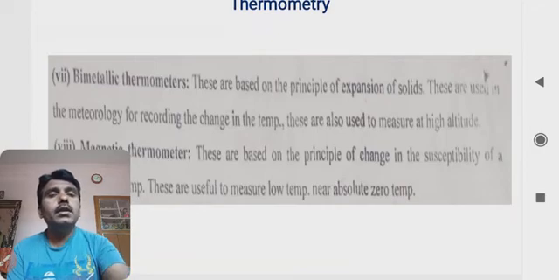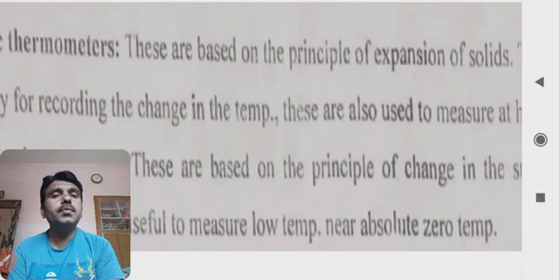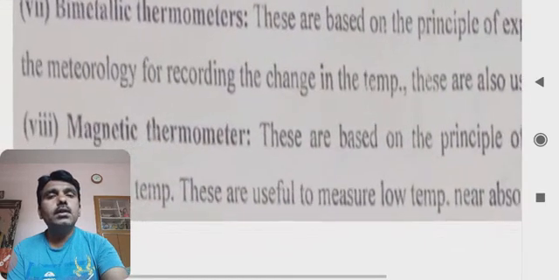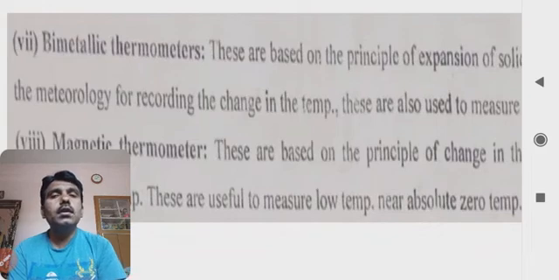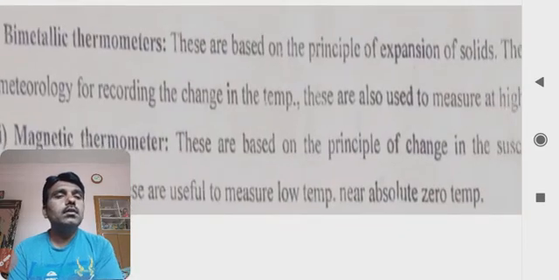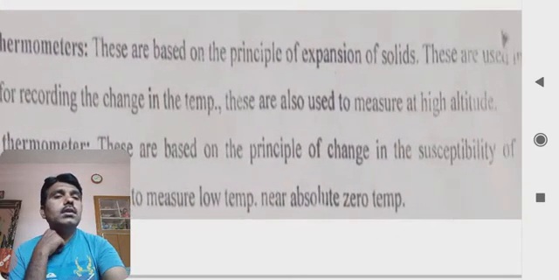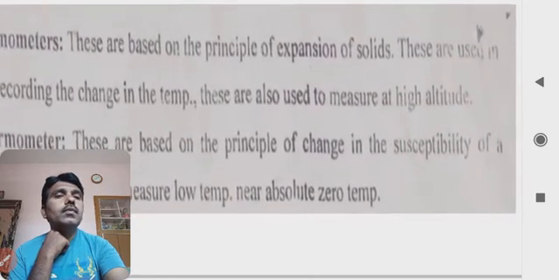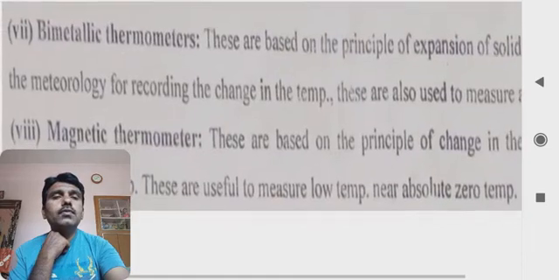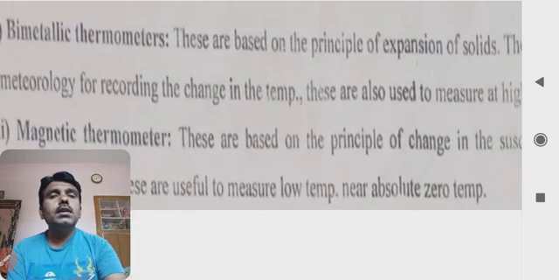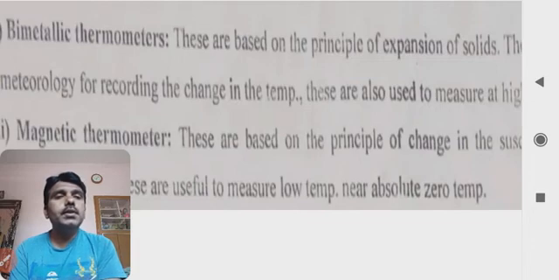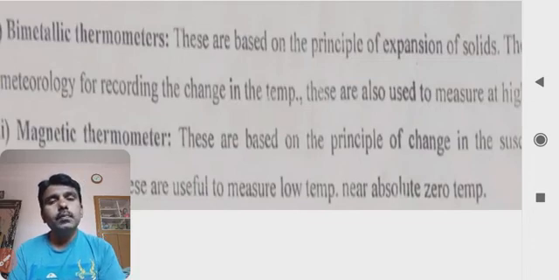It is based on the principle of expansion of solids, used in metrology for recording the change in temperature. Means whatever the expansion of the solids is, it is used in metrology for recording the change in temperature. म्हणजे बायमेटॅलिक थर्मामीटर्स जे आहेत ह्यांचं बेसिक प्रिन्सिपल आहे एक्सपेन्शन ऑफ द सॉलिड्स. म्हणजे जसं टेम्परेचर वाढेल तर सॉलिडमध्ये त्या एक्सपान्शन त्यानुसार राईज होईल किंवा कमी होईल, कॉम्प्रेस होईल, ते व्हेरिएशन त्यानुसार ते स्केलमध्ये दाखवेल.